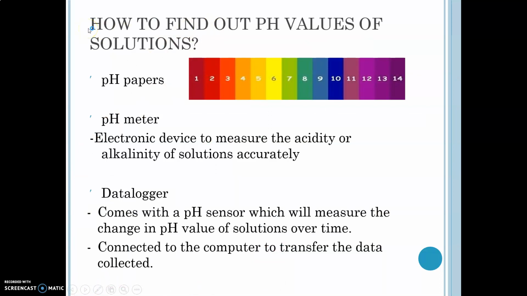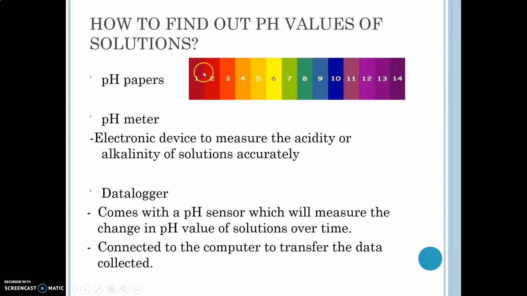If you have the pH paper, how can you use it to identify if this is an acid or base? There is the pH paper and there is the pH meter. The pH paper, as you can see, is a paper which is numbered from 1 to 14 with different colors that show the difference in the strength of acids or bases.